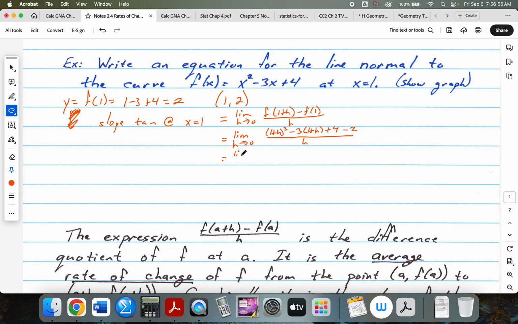So expanding in the numerator, we'll have the limit as h goes to 0 of 1 plus 2h plus h squared minus 3 minus 3h plus 2, all over h.